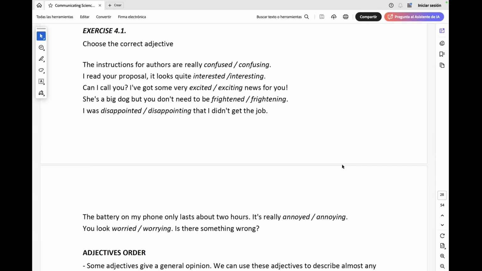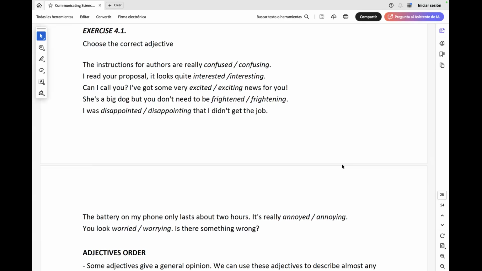But if I say I am boring, it means that people around me think, for my behavior or whatever, that I caused them to be bored, that I am a boring person. It's like saying yo soy aburrida, I am boring, and I am bored, yo estoy aburrido, which is not the same.